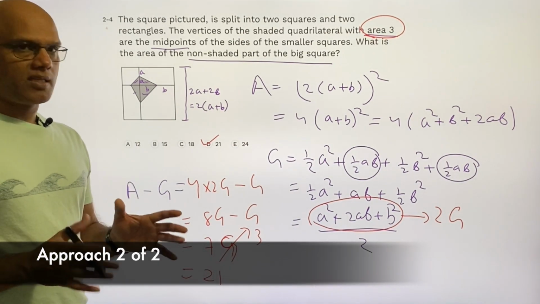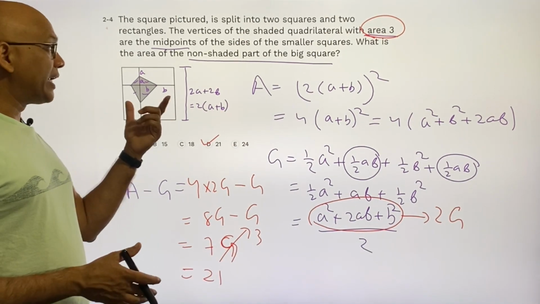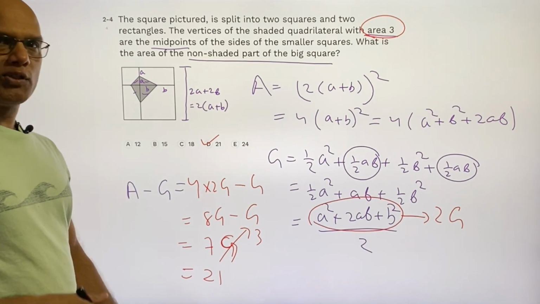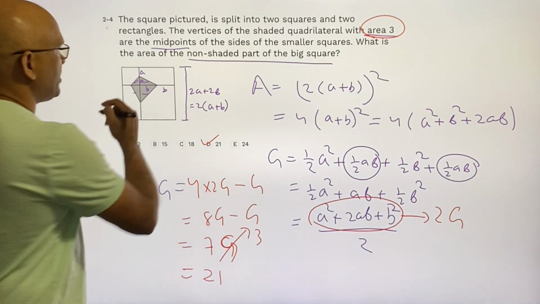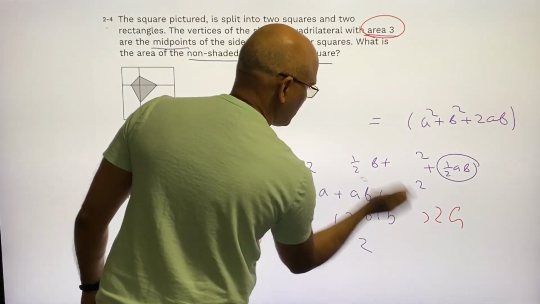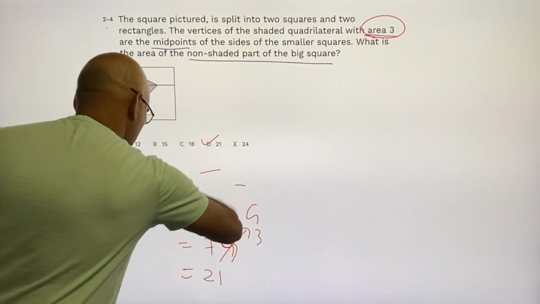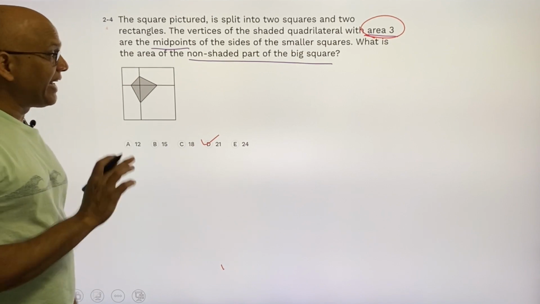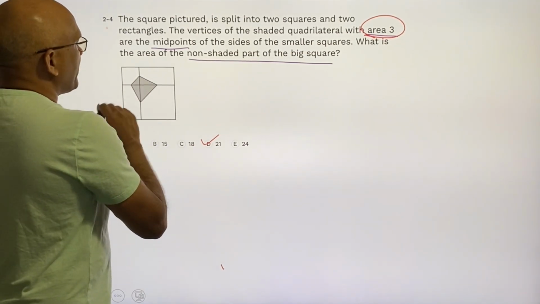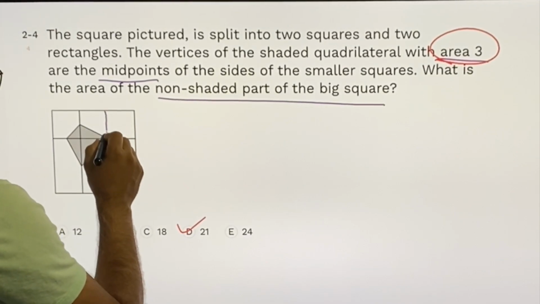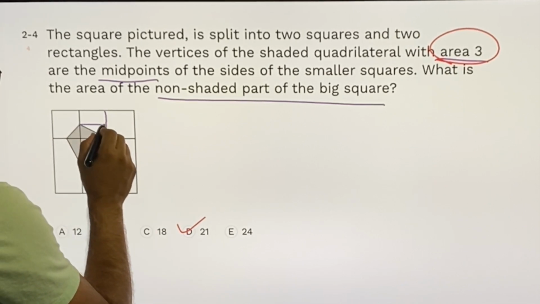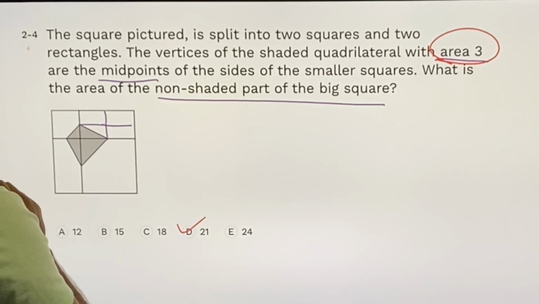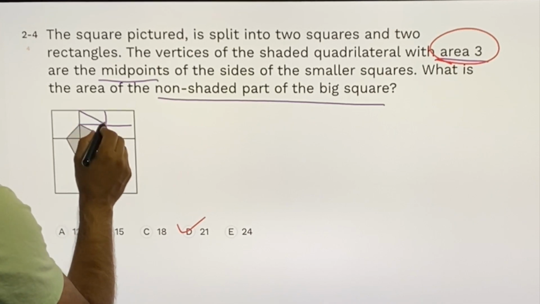Actually, there is another way we can quickly do this just looking at the geometry, so let me show that. If I look very carefully at the geometry, can I split this like this and like this, and then also split like this?